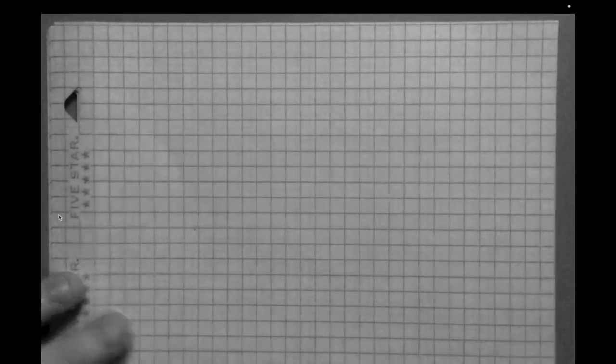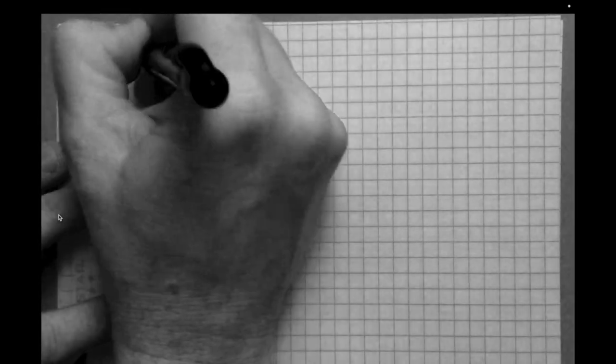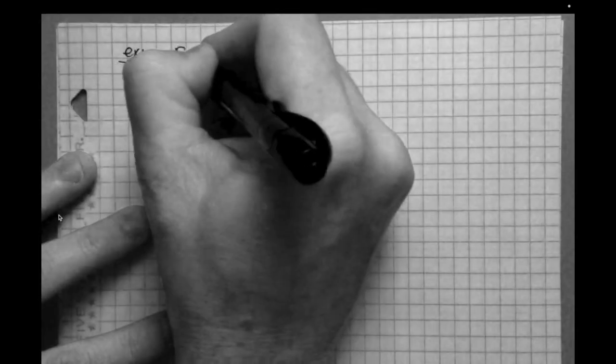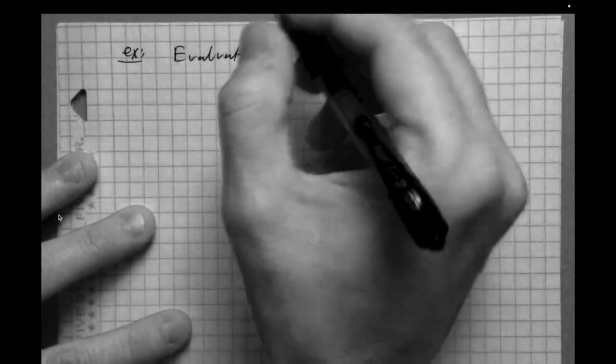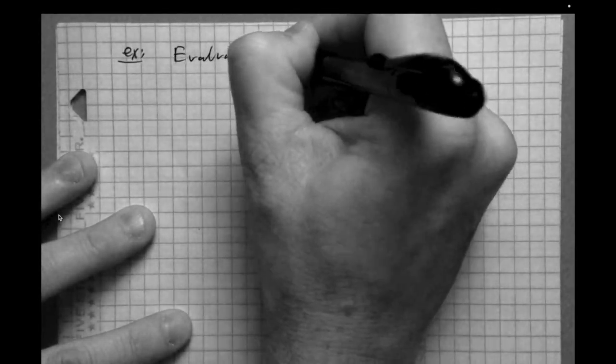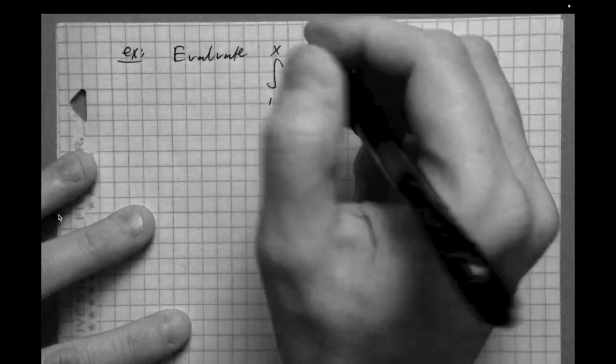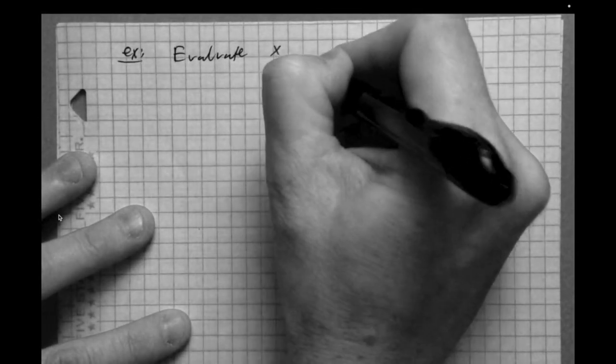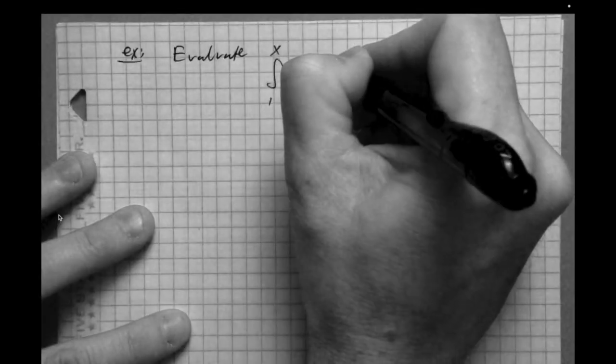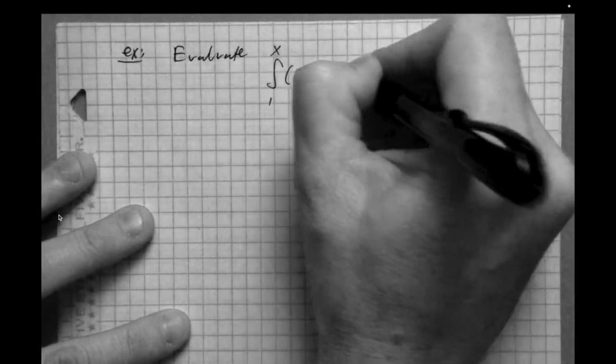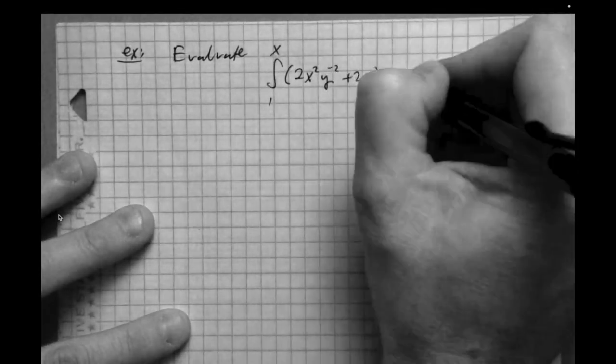Let's do an example here, and we'll get into more and more of these, but let's start with an example. Let's evaluate the integral from 1 up to x of 2x squared y to the negative 2 power plus 2y dy.